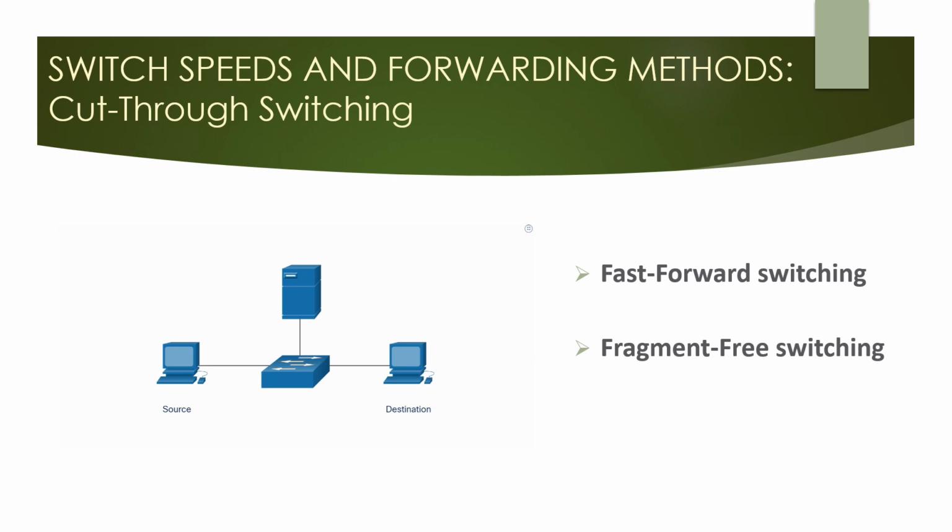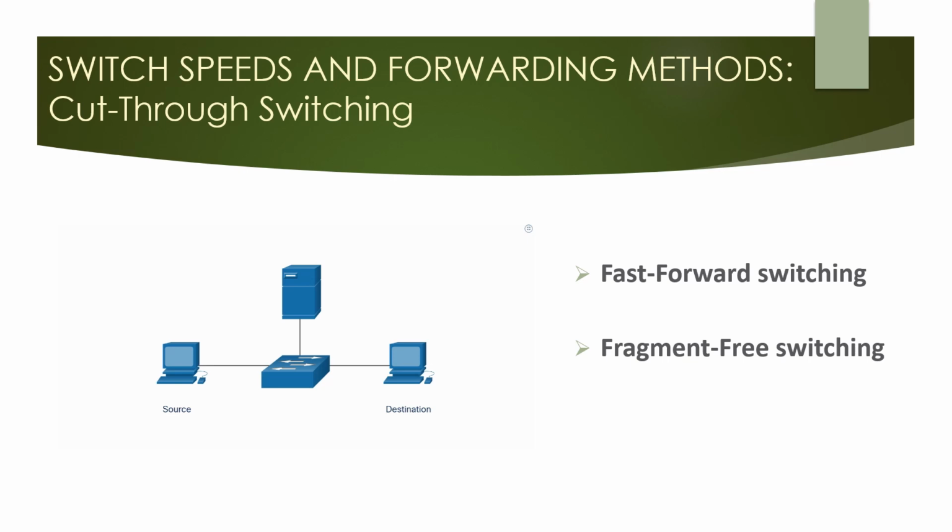The reason fragment-free switching stores only the first 64 bytes of the frame is that most network errors and collisions occur during the first 64 bytes. Fragment-free switching tries to enhance fast-forward switching by performing a small error check on the first 64 bytes of the frame to ensure that a collision has not occurred before forwarding the frame.